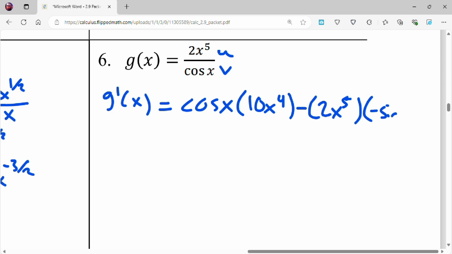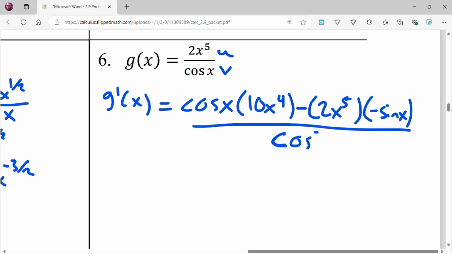Derivative of cosine is negative sine x. Okay. Over v squared, so cosine x squared, right? We can't really do much here, so I'm just going to leave it like that, right? There's nothing you can do to simplify.